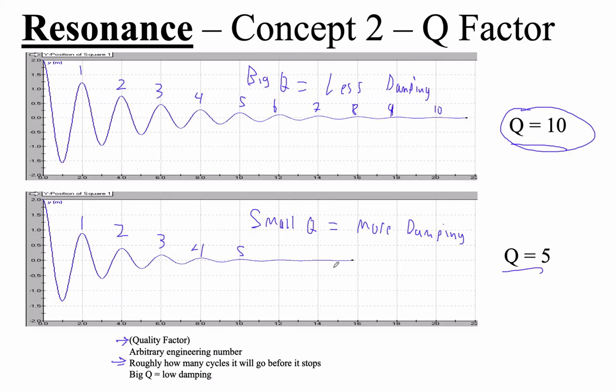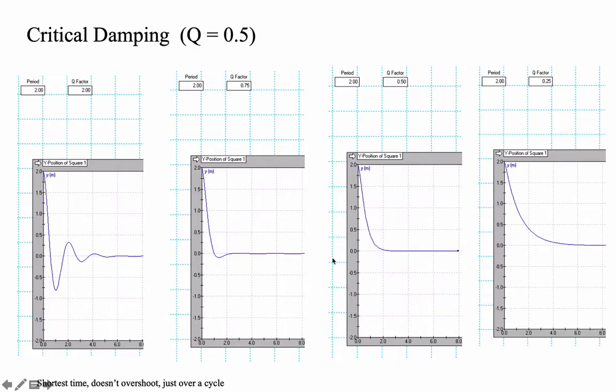Okay, let's look at critical damping. The notion of critical damping is that it reaches equilibrium in the shortest time. Okay, reaches equilibrium in the shortest time.